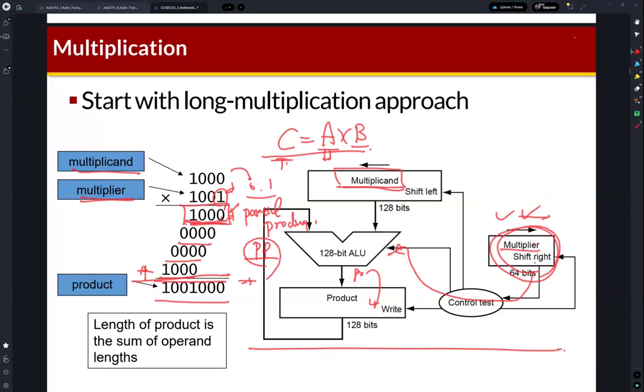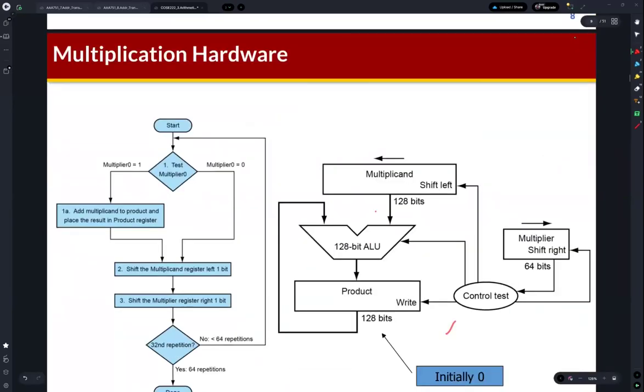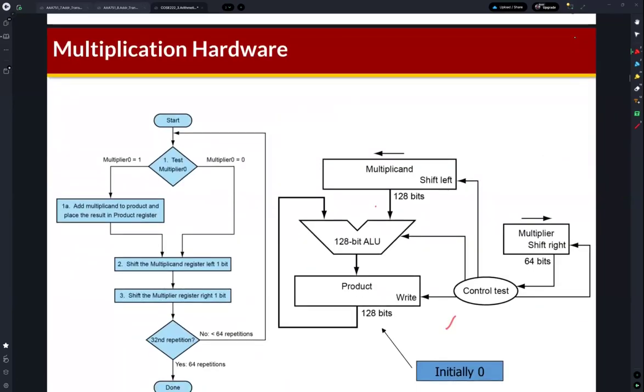To generate this partial product the multiplier is shifted right by 0, then by 1, and then by 1 again to generate the next partial product, and shifted by 1 again to generate this one. This is inefficient, right? Because we need to shift.